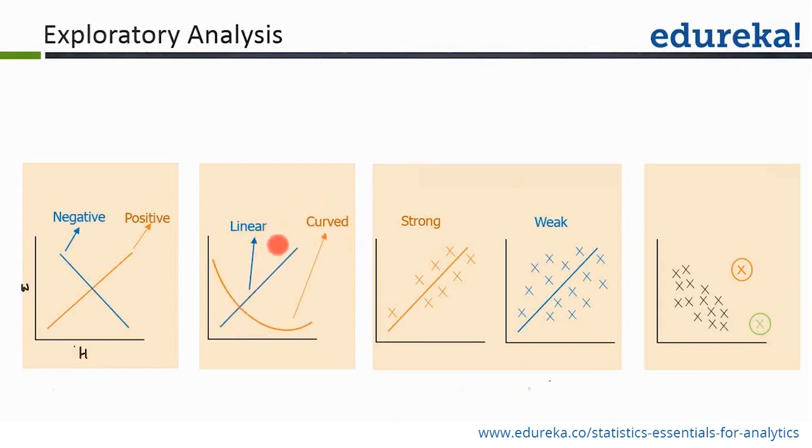If it is not a straight line, then the relationship is non-linear. One can also talk about the strength of relation. Here in this example, there are two scenarios. One emphasizes that there is a strong relation.